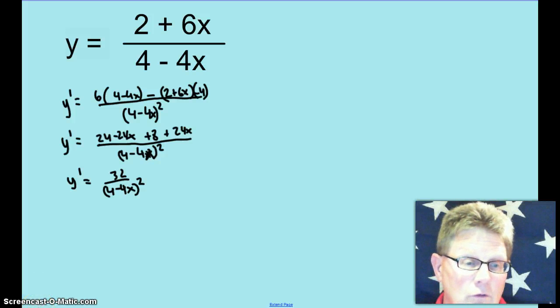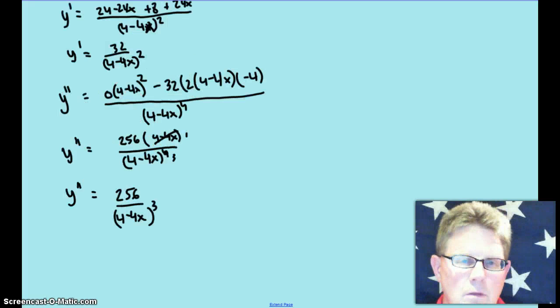Okay, so let's go ahead and I dare you find y double prime. I'm going to pause that while you try to figure out what y double prime is. Oh yes, the insanity again. Alright, that's what I got for y double prime, 256 over 4 minus 4x, the quantity cubed. It's cool how things kind of canceled away with it right there.